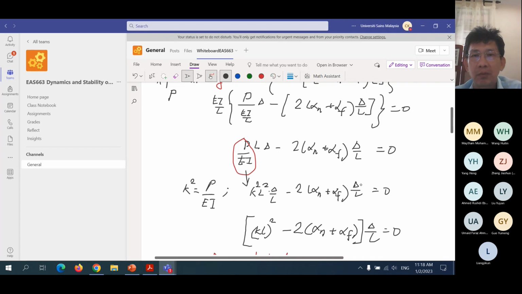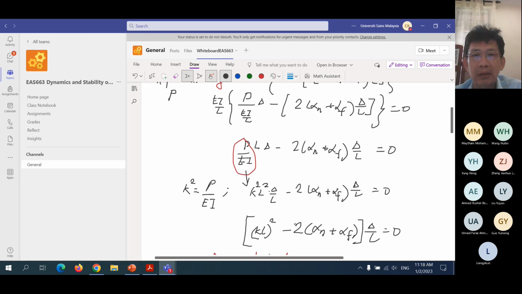Then we want to make this delta over L appear here. So we divide this with L, and then you have to multiply also with L. So the result is we have from these terms, taking into consideration K square is P over EI, then we want to make this term appear. So finally it becomes like this.